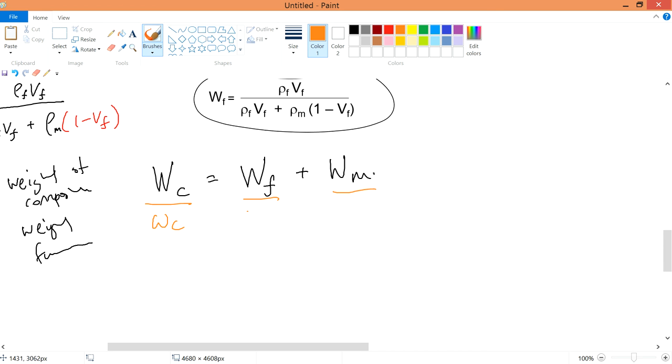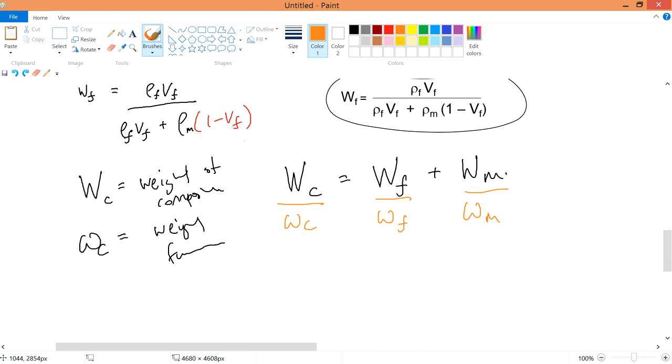So this is the weighting function of the fiber, the weighting function of the matrix. The next thing I copied is that they say the weight of the composite is equal to the weighting function of the composite. I don't even know what the weighting function is. So I would write it as 1, then equals to, and I will assume that this thing is the same as this thing.